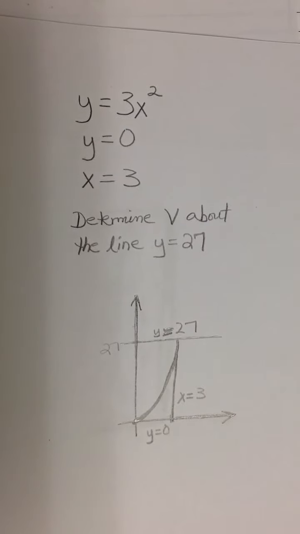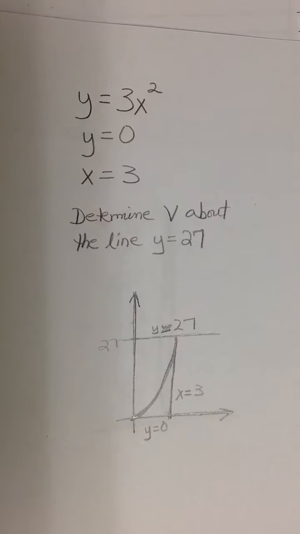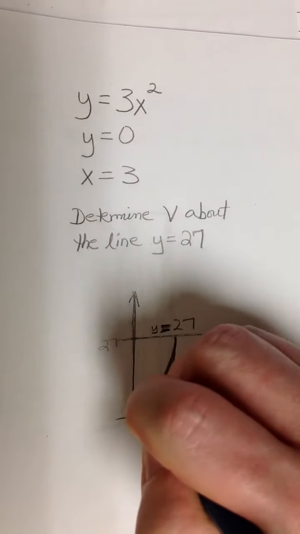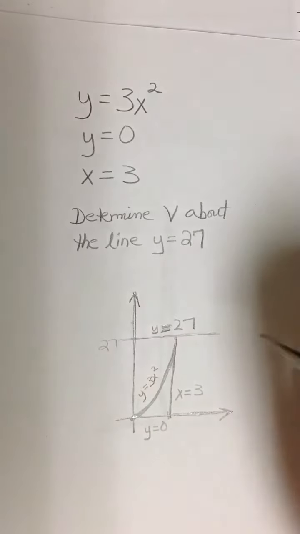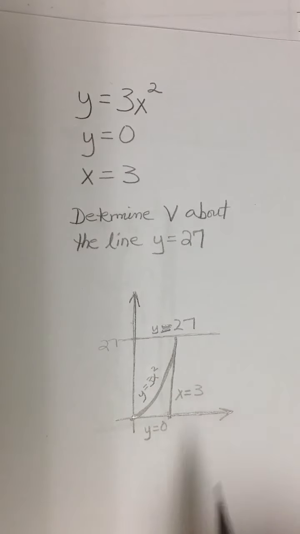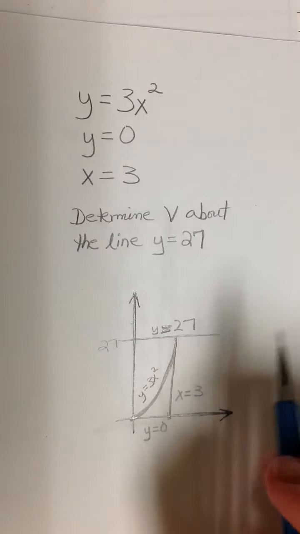from a graphical standpoint, we have the quadratic function y is equal to 3x squared, and we have the vertical boundary x is equal to 3, and at the base y is equal to 0. And we are looking at, once again, taking the object and rotating about the line y is equal to 27.